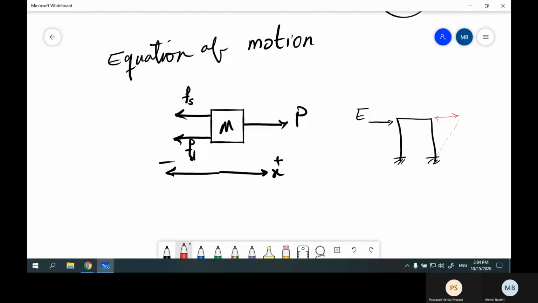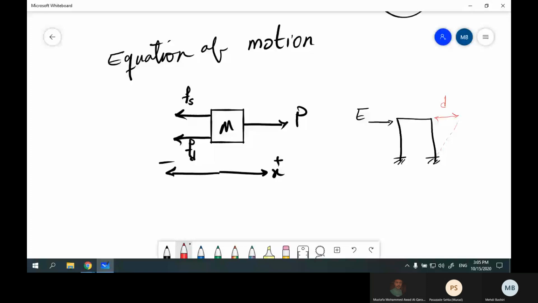If I ask to find the response of the structure, you should find this displacement, or the velocity, or the acceleration. We categorize these items as the response of the structure.